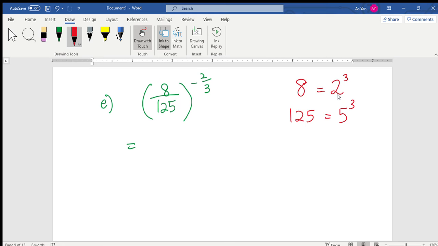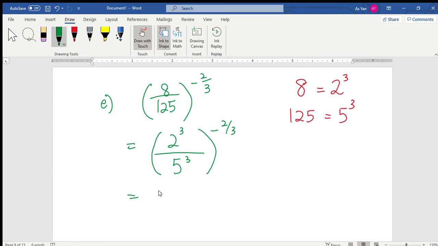So we substitute this 2 to the power of 3 and 5 to the power of 3 for the 8 and 125. In the bracket, the 8 is substituted by 2 to the power of 3, and 125 is substituted by 5 to the power of 3, raised to the power of negative 2 over 3.